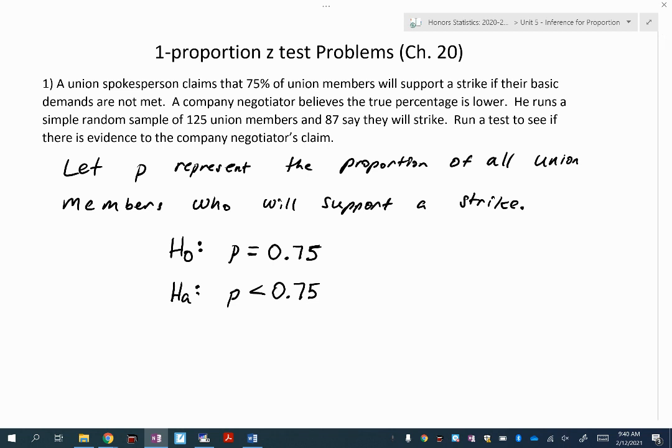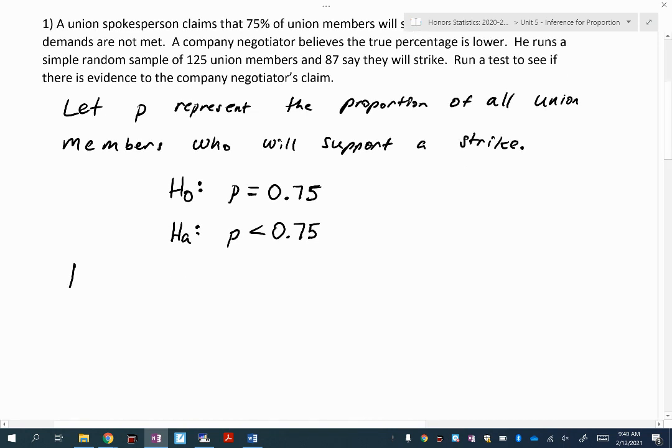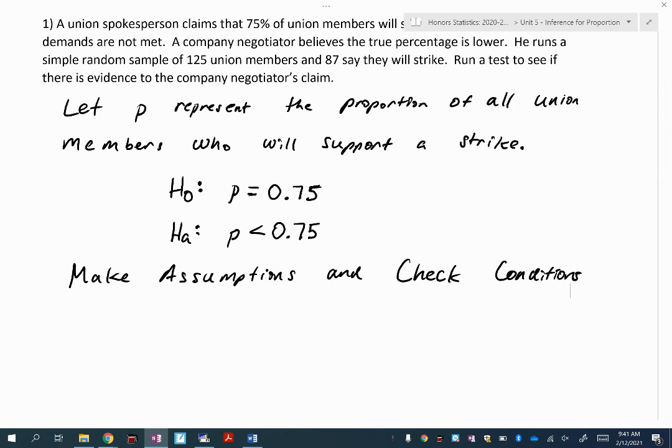Now, at this point, this is when you would make your assumptions and check your conditions. Today I just want to focus on the big picture, making sure you feel confident that you can do the mechanics on your own. But don't forget to do these steps for the exit ticket and the quiz.